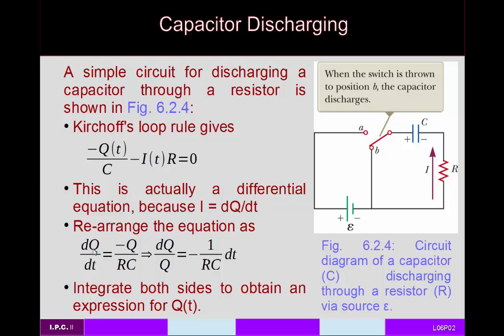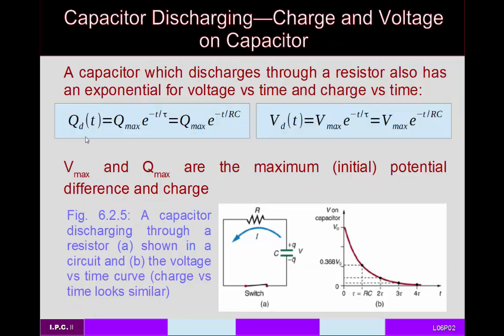So we basically approach this in much the same way as we did before, except it's a little simpler looking. And so we end up with a similar equation to describe the charge on and the voltage drop across the capacitor while it's discharging. The charge on the capacitor, as the capacitor is discharging through the resistor, looks like an exponential decay.